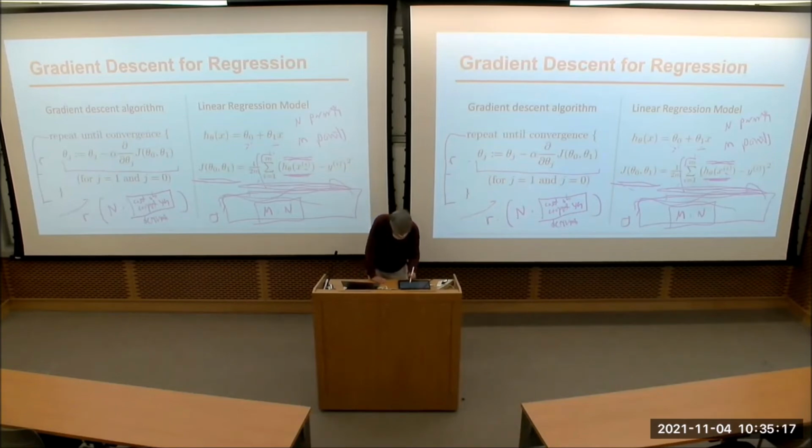So for a given value of the theta vector of parameters, theta 0 and theta 1, computing what this error function is takes time proportional to the size of the data set. How many points times how many dimensions? The point being, the cost of computing the derivative is an expensive thing. Any questions about that?